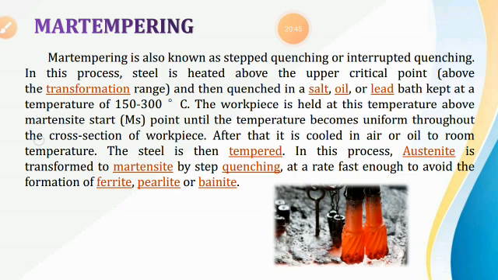You might know what austenite and martensite mean, but let us discuss them. The first one is austenite steel. Steel containing high content of both chromium and nickel is called austenitic stainless steel.